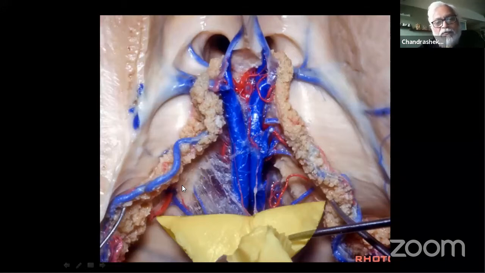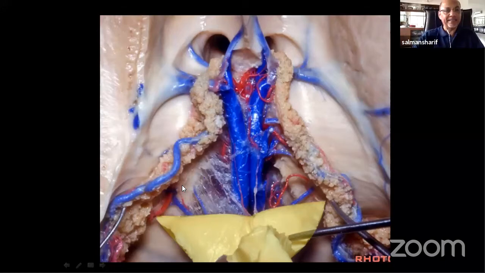The second reason, of course, is that I would use a transcallosal approach if I am dealing with a colloid cyst which is a little unusual in location and there is no hydrocephalus. Then I would probably use a transcallosal approach.